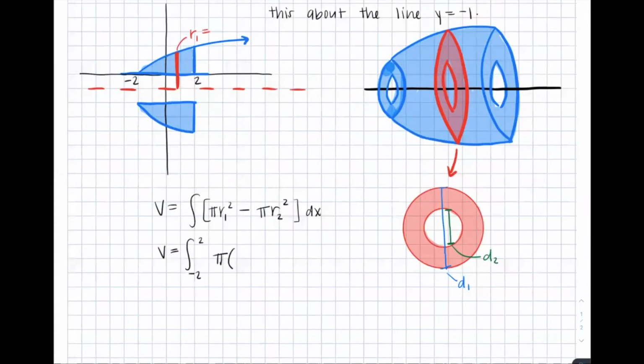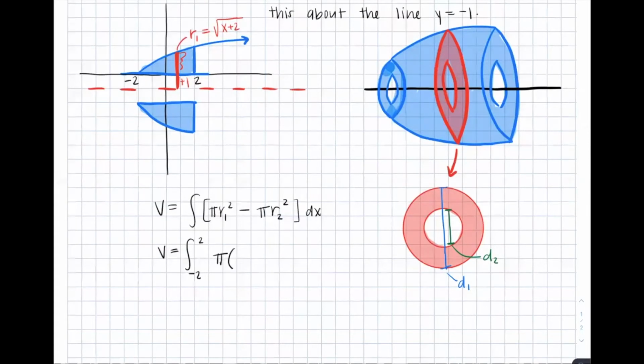Exactly. When it was just a disk, this was just given by the square root of x plus 2, and that's just that piece. But now we have this plus 1.